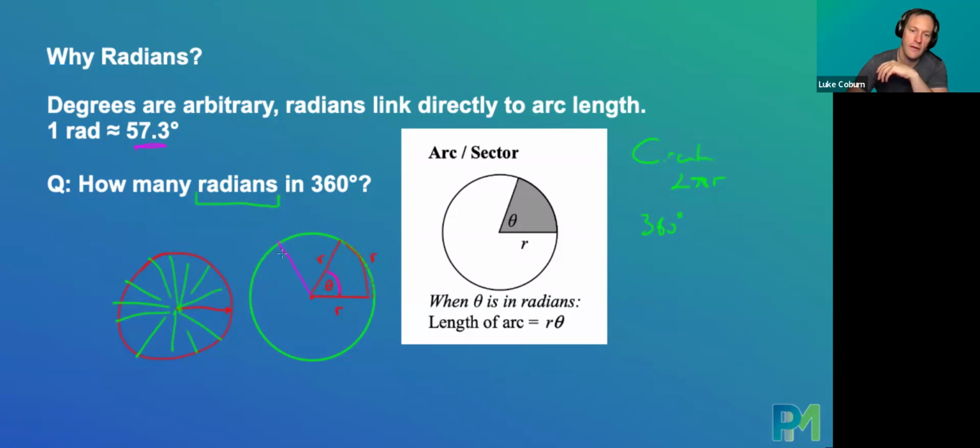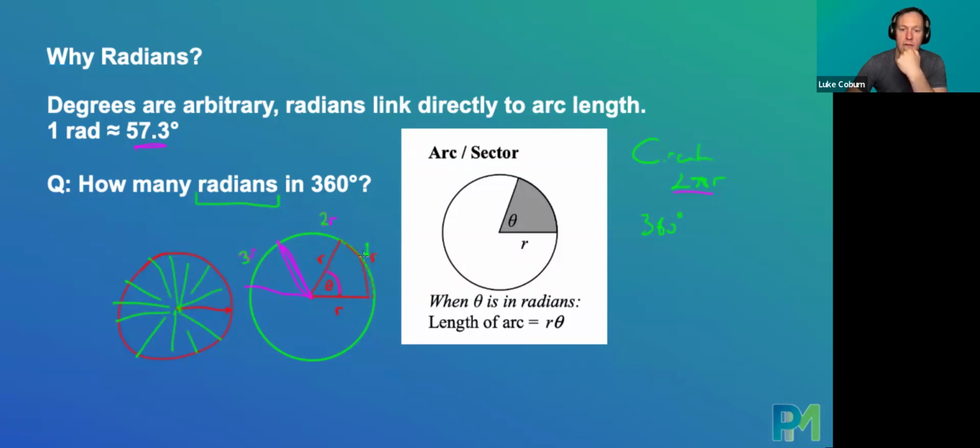This would be 2 radians. 2 radians here would give us an arc length of 2r. 3 radians would give us an arc length of 3r, right? And 2 pi r is the circumference of the circle. So what you're noticing here is that the number of radians is always the coefficient of r.